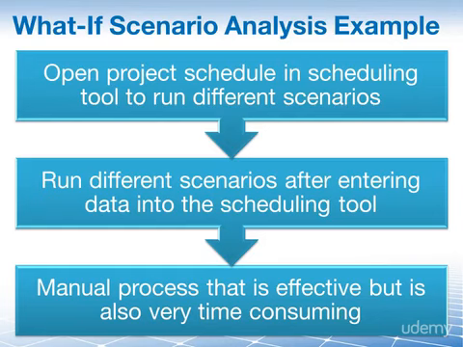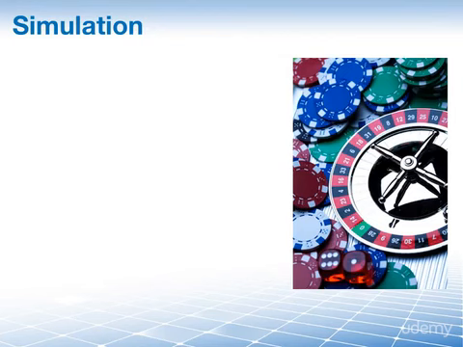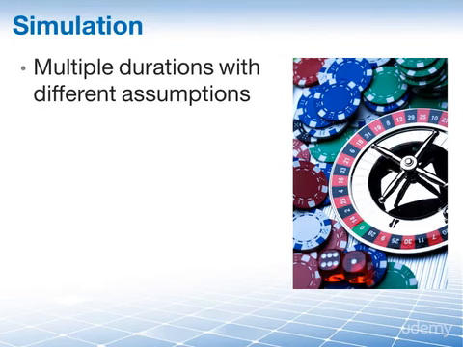But what if you could do thousands at a time, simulate trends, and take all possible scenarios and risks into consideration? What you would have is a simulation called the Monte Carlo analysis, which is our next tool and technique. Simulation involves calculating multiple project durations with different sets of activity assumptions.